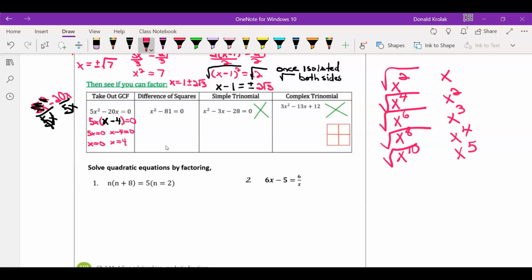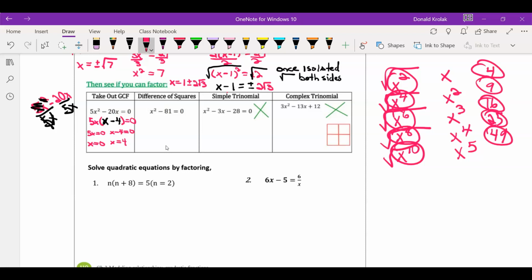Okay, 81 is a perfect square. So your perfect square numbers, okay, 2 times 2, 3 times 3, 4 times 4, 5 times 5, etc. These numbers are called perfect squares.